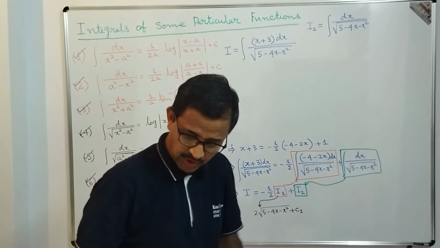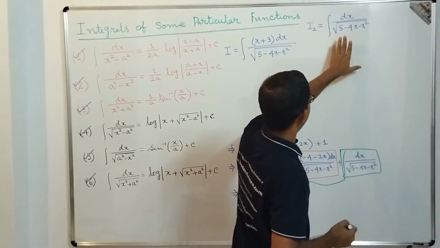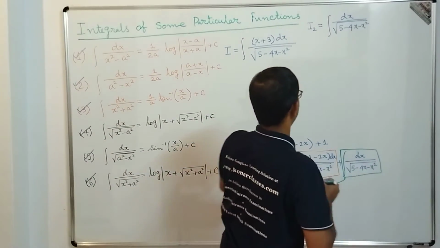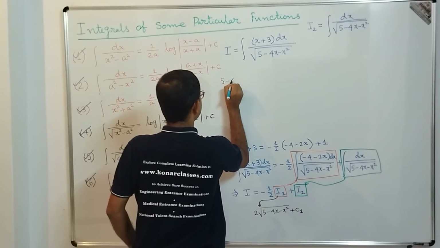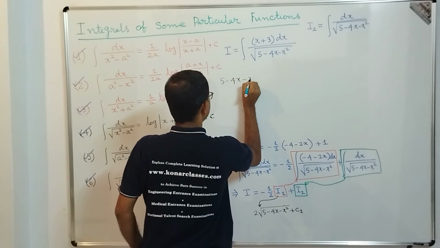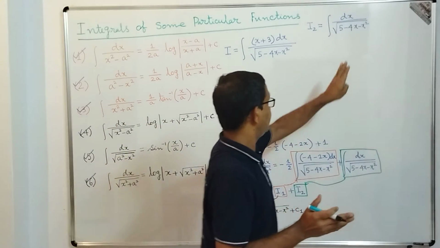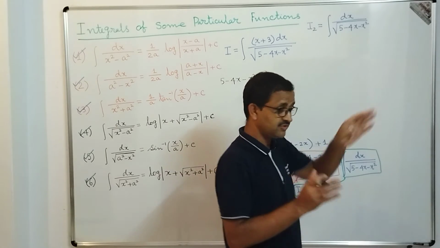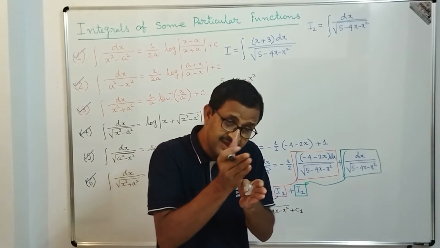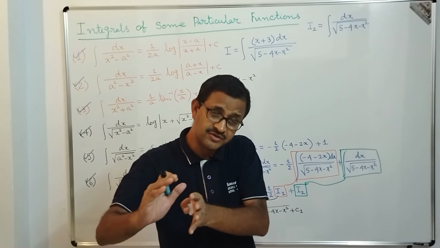If you recall, what we need to do here is concentrate on 5 minus 4x minus x square. What is our target? Our target is to express the quadratic expression inside the square root as (x plus or minus something) whole square plus or minus some constant whole square.